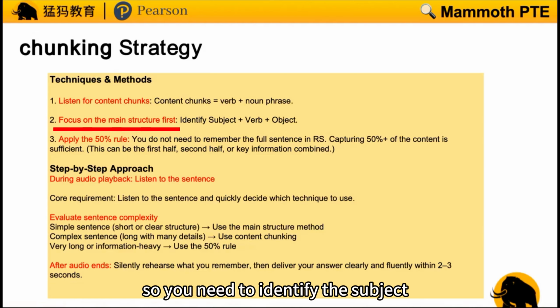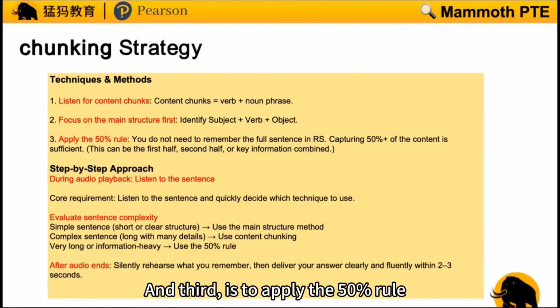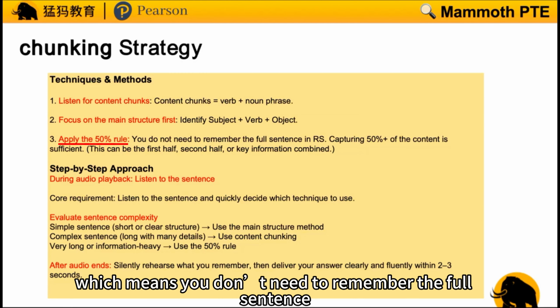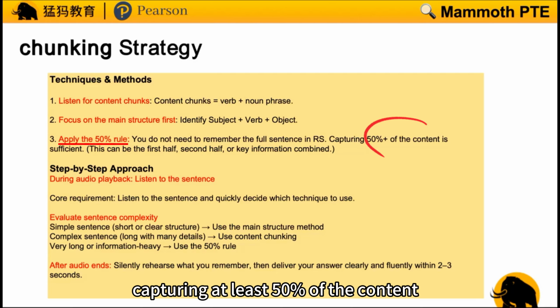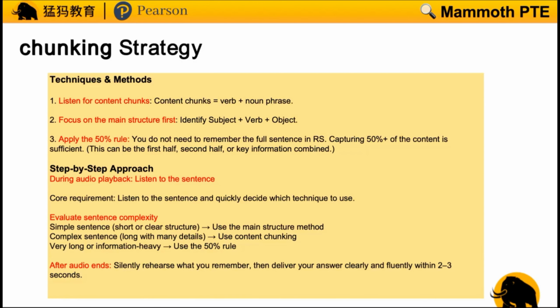So you need to identify the subject, verb, and object first, before adding extra details. And the third is to apply the 50% rule, which means you don't need to remember the full sentence. Capturing at least 50% of the content and the key information is enough to secure the marks.